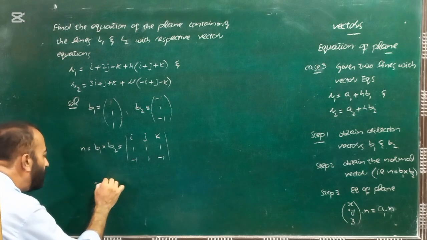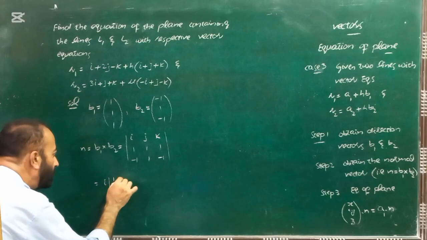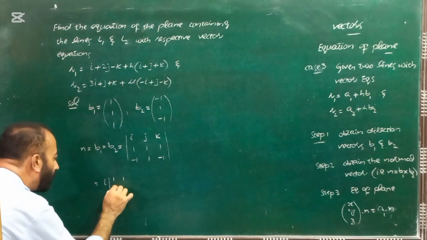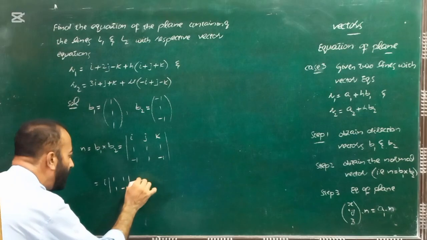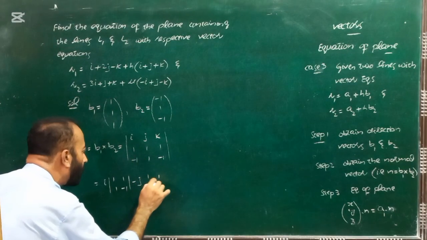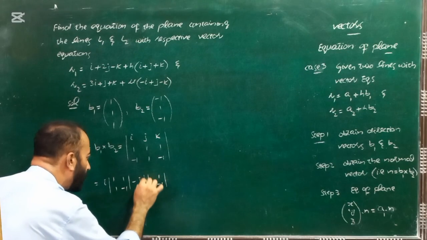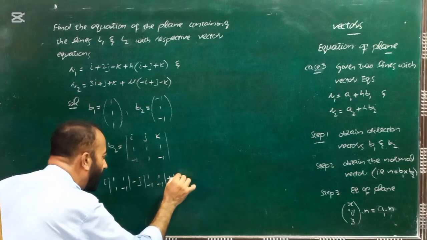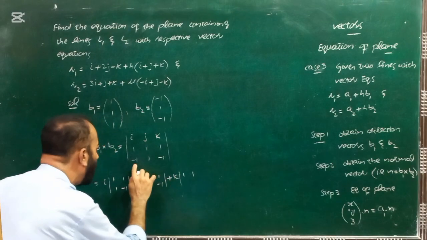That will be equal to I into 1 1 1 minus 1, minus j 1 1 and minus 1 minus 1, and plus k, that will be 1 1 and minus 1 1.